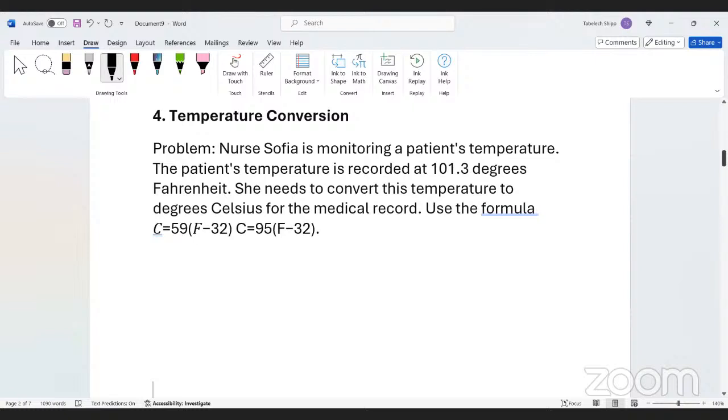There are different formulas that you can use if you're going from degrees Fahrenheit to degrees Celsius. So I'm going to work with this one right here. If you're trying to find the degrees Celsius, one that you may have seen looks like this.